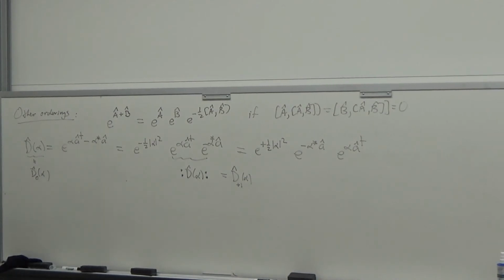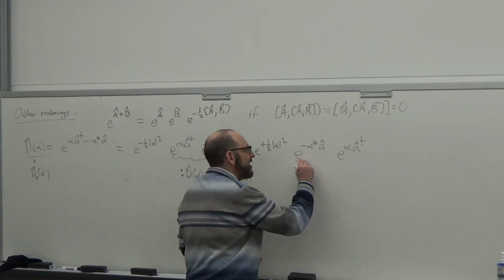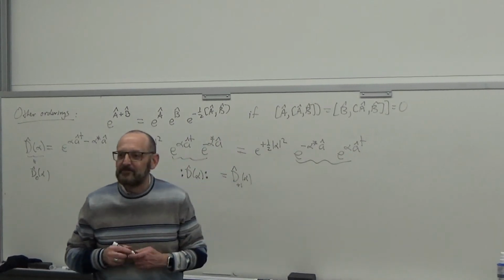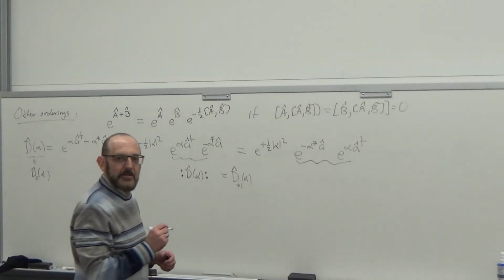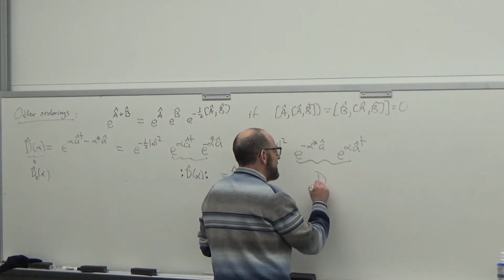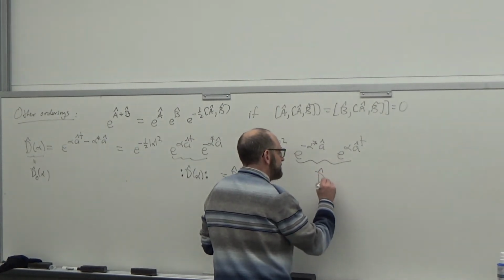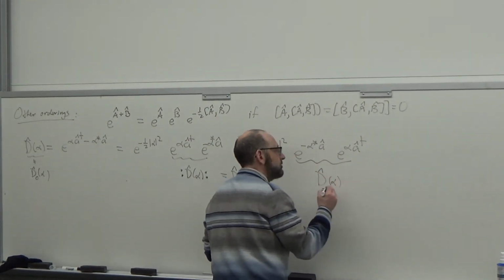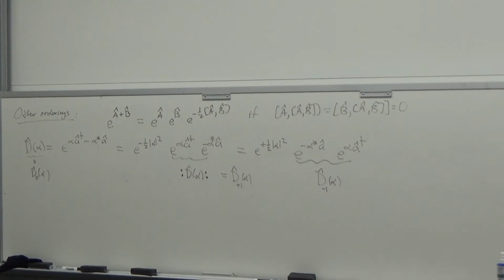Okay. So this is the anti-normally ordered version of D. This is D minus 1. D minus 1 and D plus 1 do not equal D0. You have to put in the right exponent here.